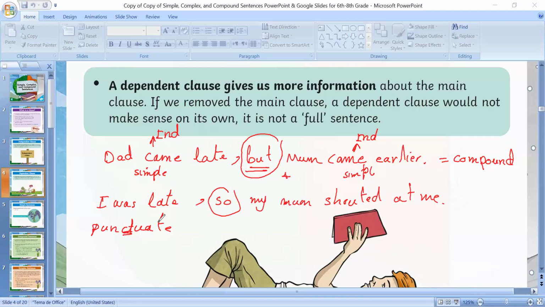Hala. Yes, Mr. How did I punctuate the sentence here? I joined two sentences together using the subordinating. It is not subordinating, Hala. Where is the subordinator?